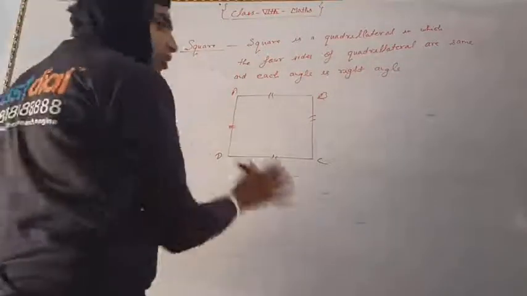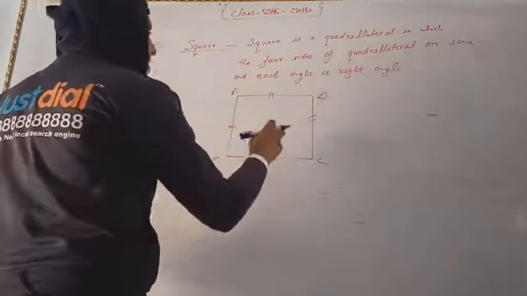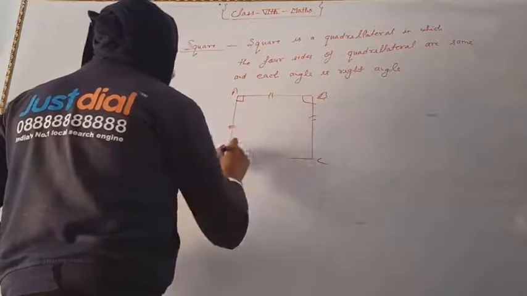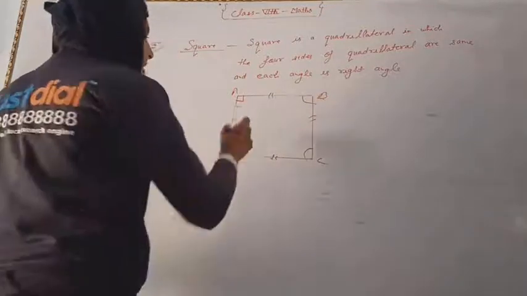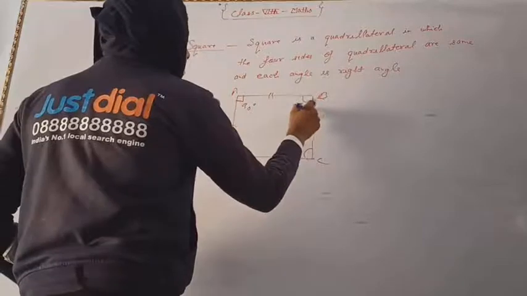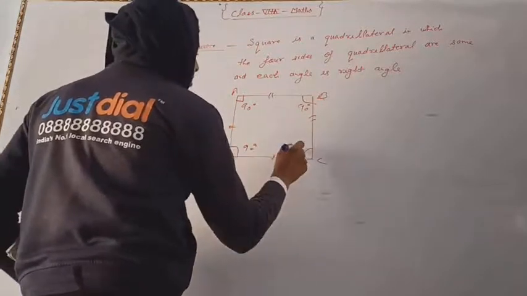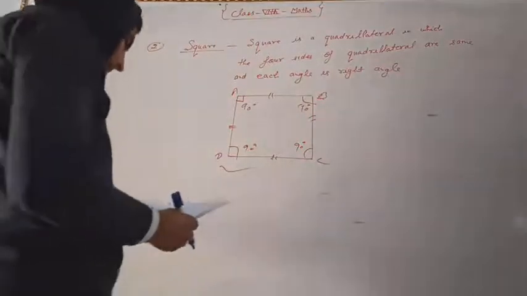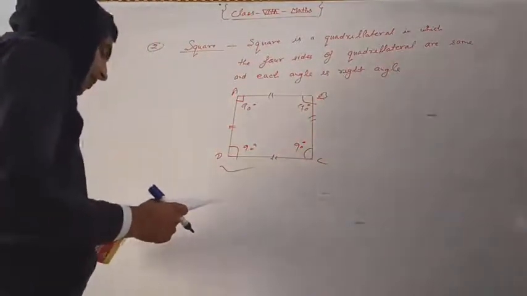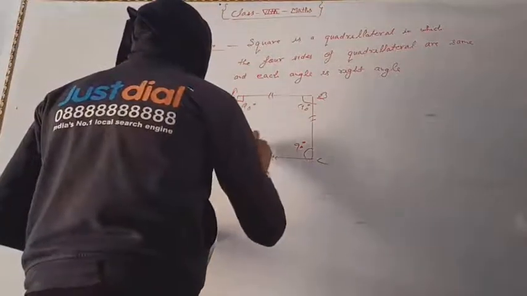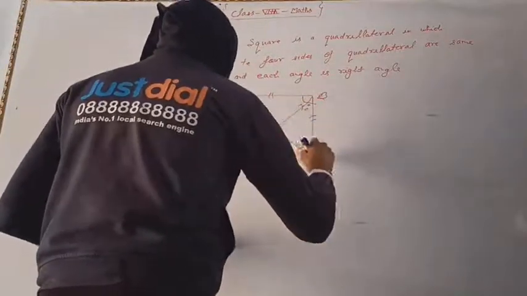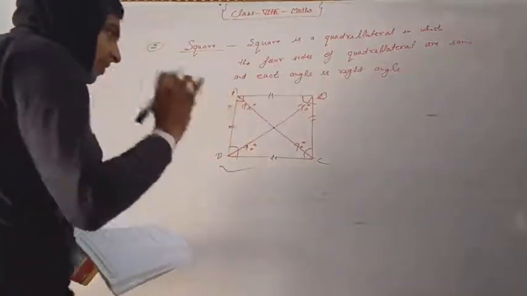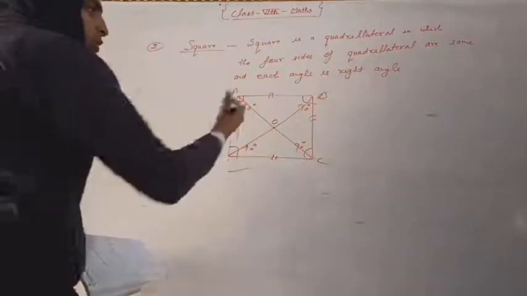That is called a square, and all the angles are equal to 90 degrees. This is the property of the square. Here also it is given that the diagonals of the quadrilateral bisect each other at the point O.